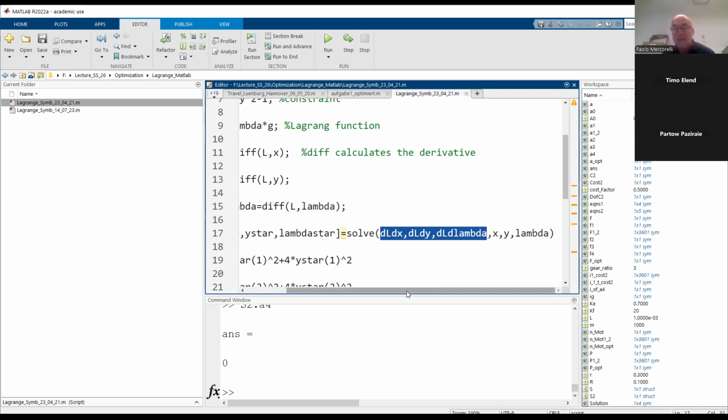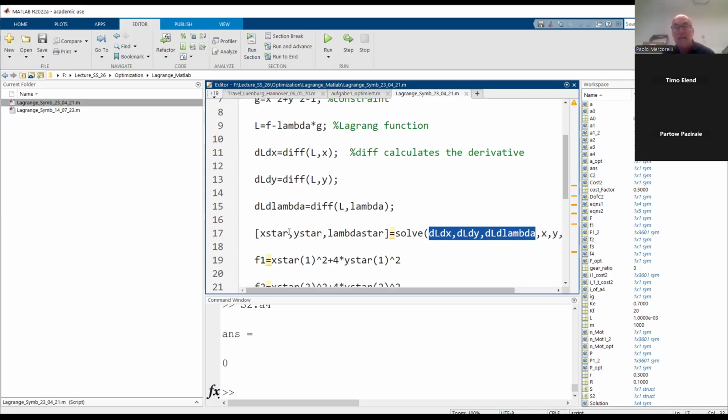And I store the solution in x star, y star, lambda star, exactly as I did in this slide in which I summarized the Lagrange method very quickly.